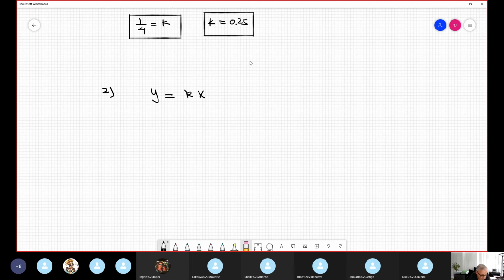If y is 15, when the condition is given, x is equal to 3. 3 or negative 3? No, it's 3. Substitution, plugging in y 15, k times 3. And 15 divided by 3 is k. You divide both sides by 3, is 5.